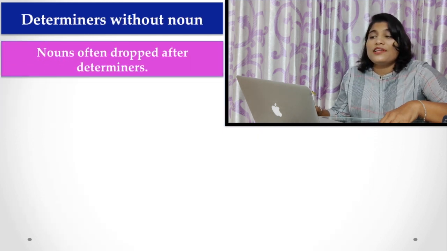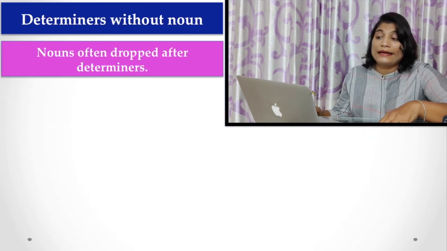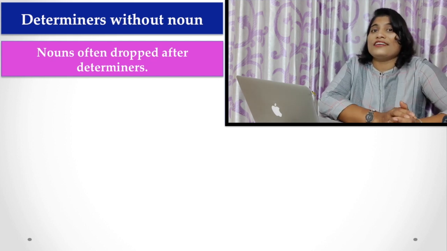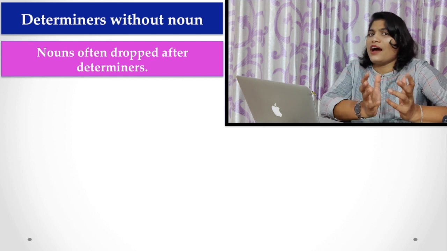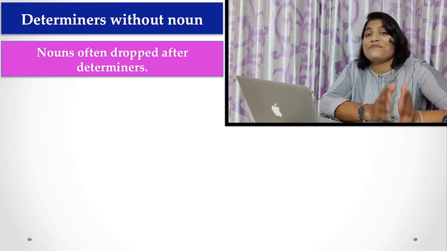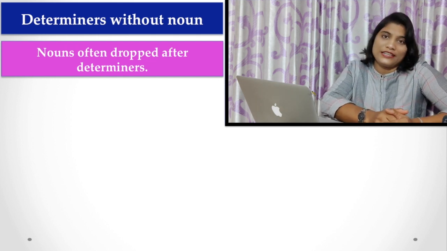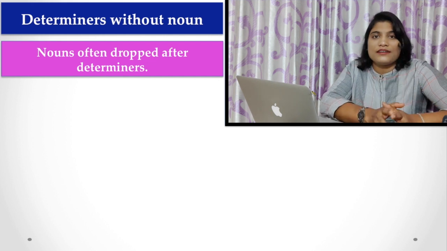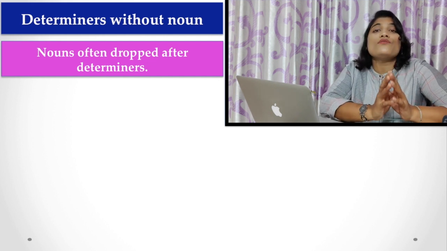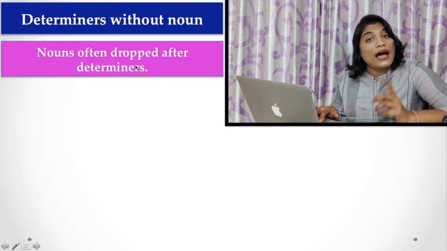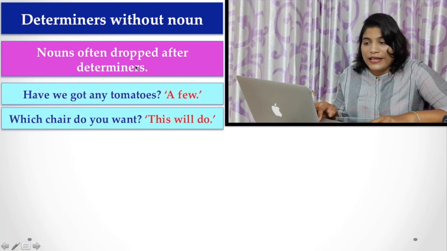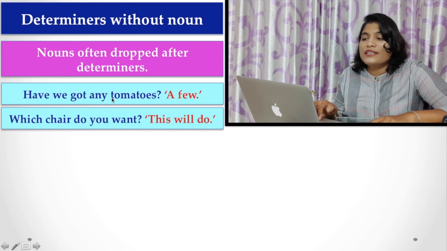Now, determiners without a noun. At the beginning of the video I told you a determiner is always followed by a noun phrase, but they are not adjectives. The interesting point is that some determiners can be used without a noun. The noun is often dropped after determiners. For example, have you got any tomatoes?